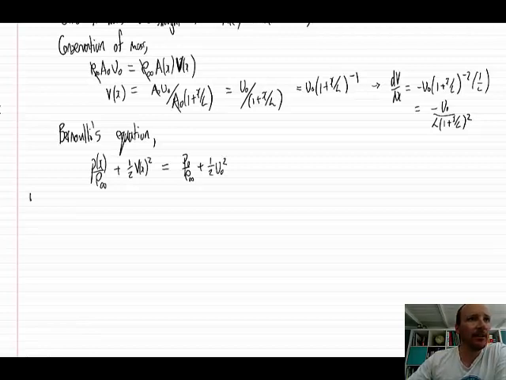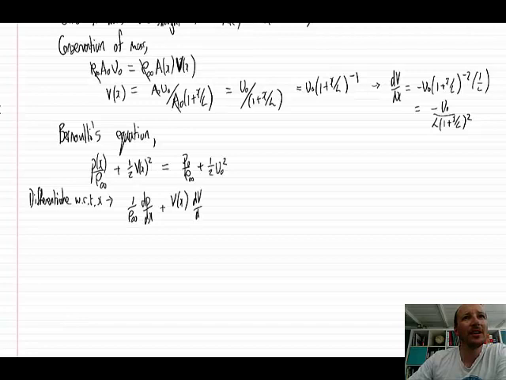So let's differentiate with respect to x, and we get 1 over rho infinity dp by dx plus v of x dv by dx is equal to 0. Just checking I've done that right. Yeah.